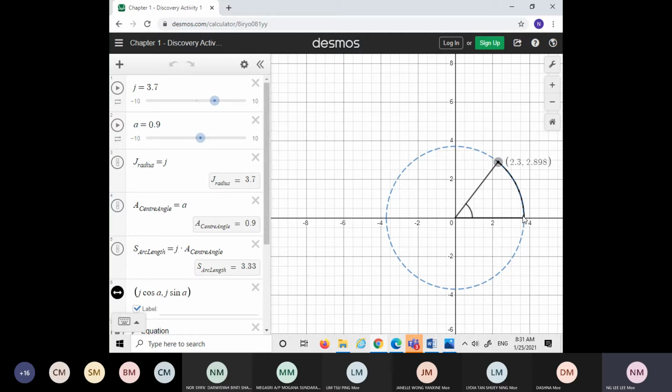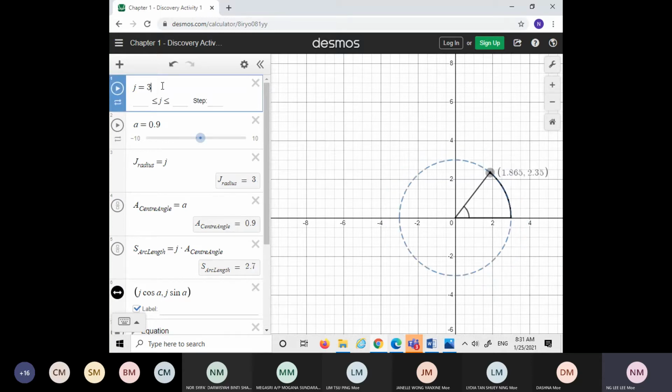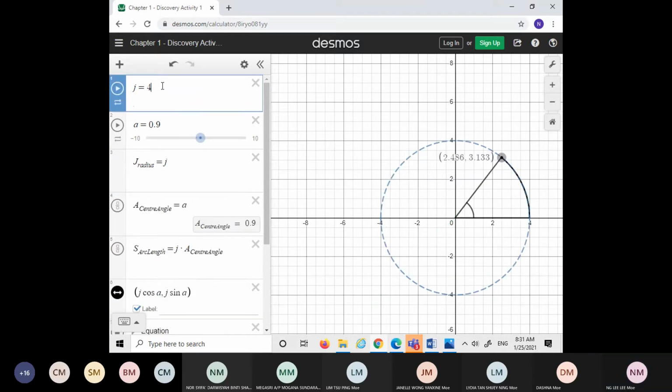Today we want to learn the relation between the radian and the degree by using this arc length. First of all, I adjust the radius. I don't want 3.7, easy lah, a whole number. After that, you see here, S stands for the arc length.